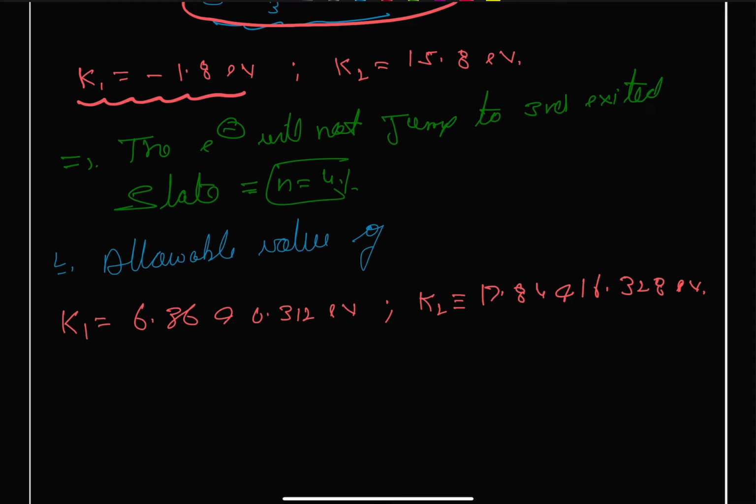And from here we can also say that electron can jump only up to second excitation state, that is value of n is equal to 3.